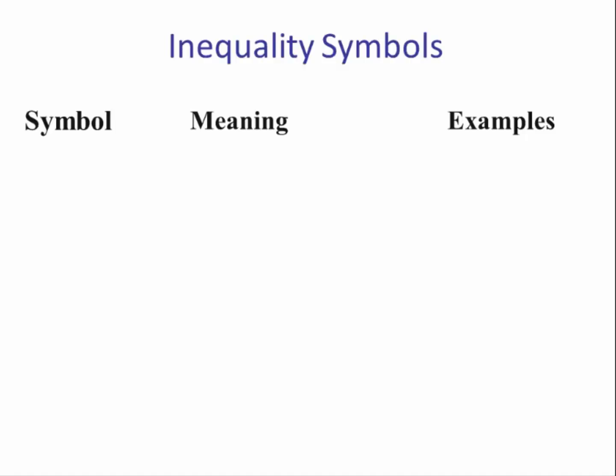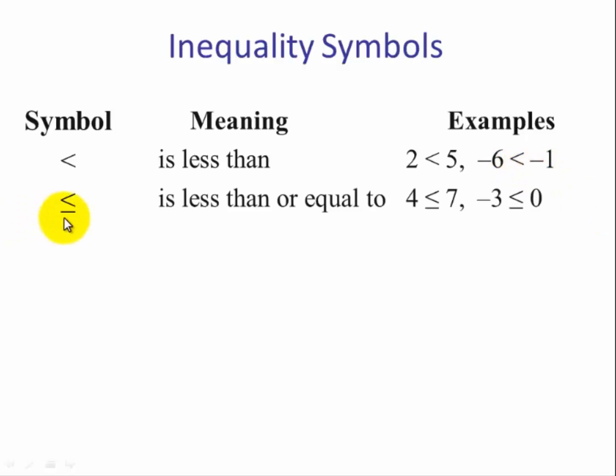Inequality symbols. The first symbol means less than, and some examples: 2 is less than 5, and -6 is less than -1. Less than or equal to is the next symbol: 4 is less than or equal to 7, and -3 is less than or equal to 0.